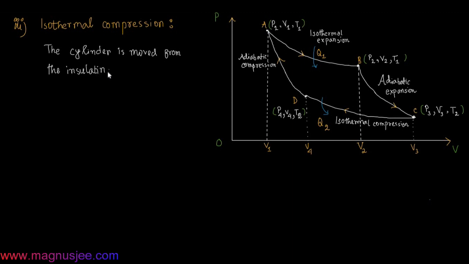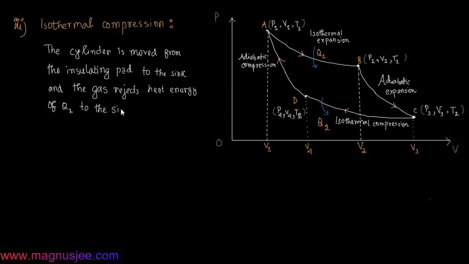That means the cylinder is moved from the insulating pad at the temperature T2 Kelvin to the sink at the same temperature T2 Kelvin, and the gas rejects heat energy of Q2 to the sink at the same absolute temperature T2 Kelvin.